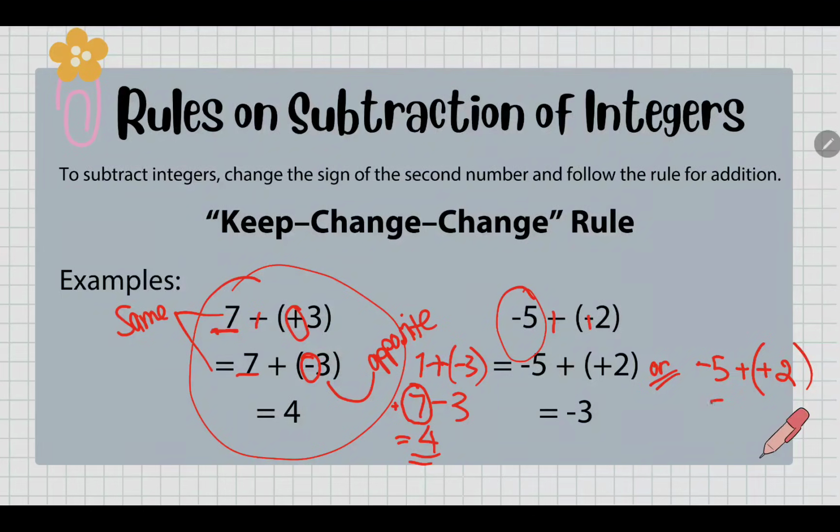When we say absolute values, that means just the two numbers without the signs, because that could get a little hard. So that means 5 take away 2 gets you to 3. And then this is where you put the signs in. Remember that the 5 is bigger and it came with a negative, so we attach the negative to it. And that's how you solve these kinds of equations.